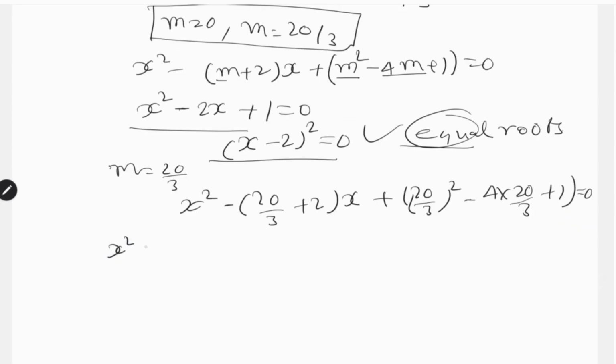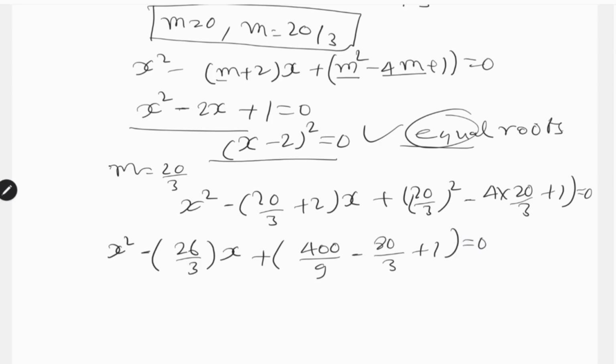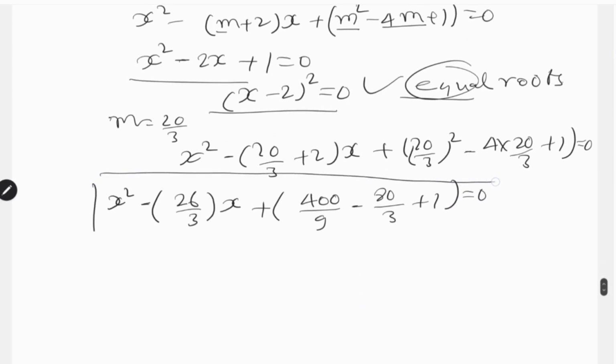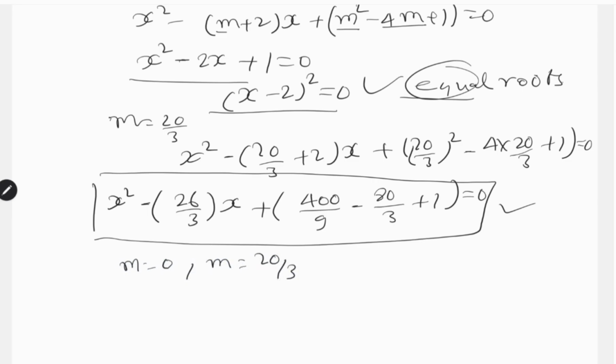Okay, then x square minus 26 by 3 x plus 400 by 9 minus 80 by 3 plus 1 is equal to 0. If we solve, then the equation makes a perfect square. Then both values, m is equal to 0 and m equal to 20 by 3, are satisfied.